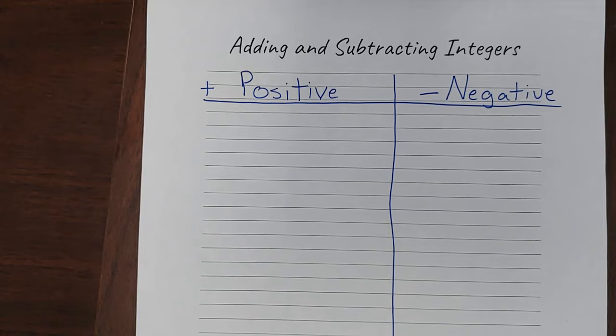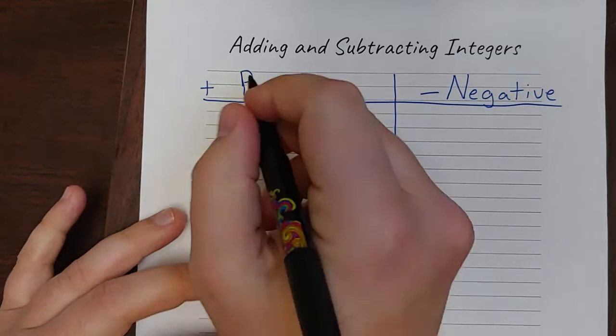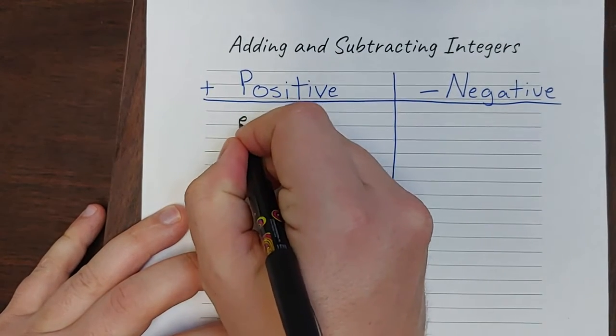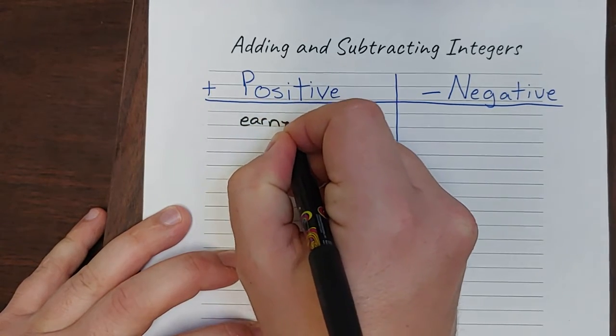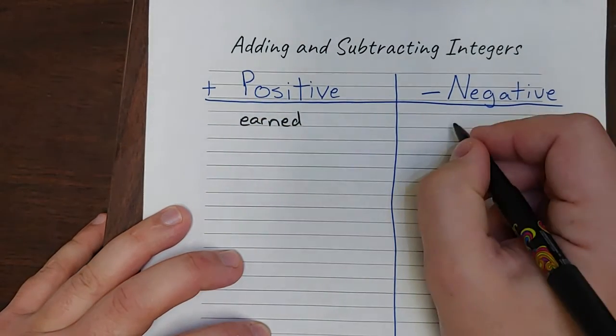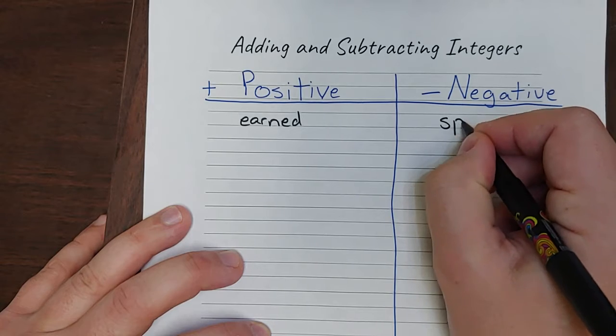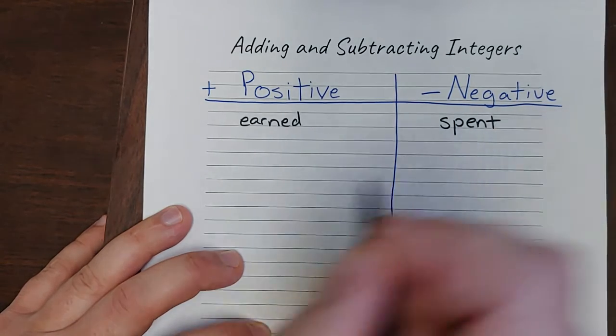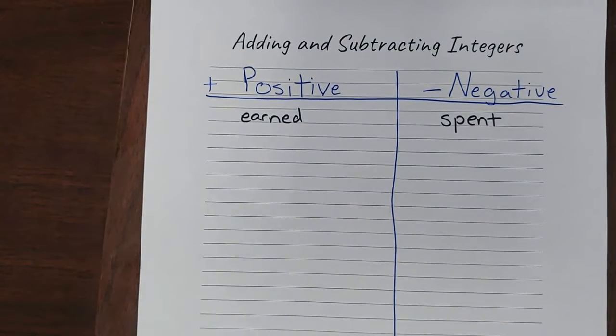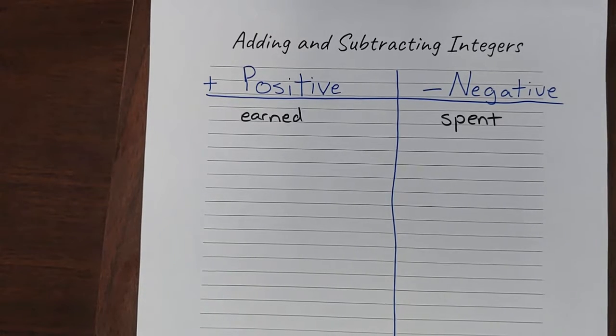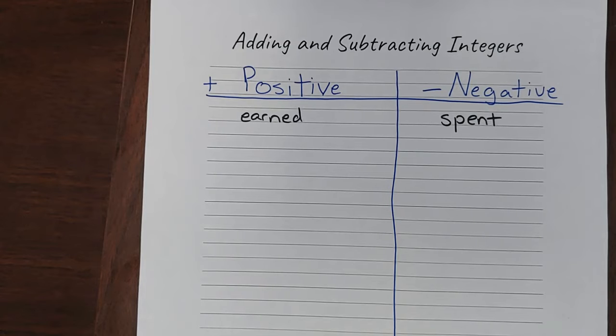The first word we're going to look at is, the positive is earned, and our negative is spent. Okay? Earned and spent. So this is talking about finances, so money.